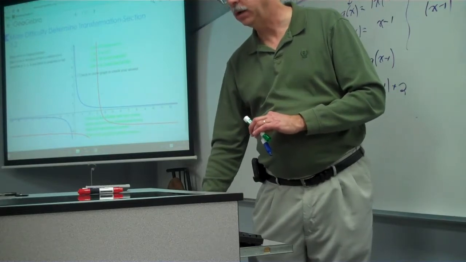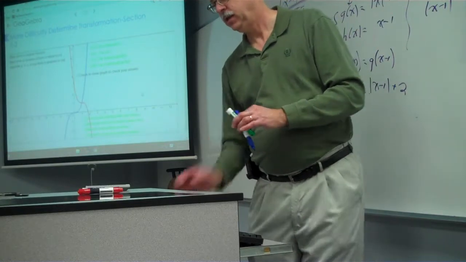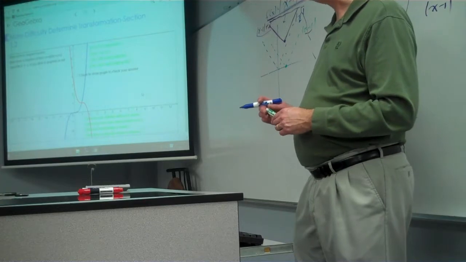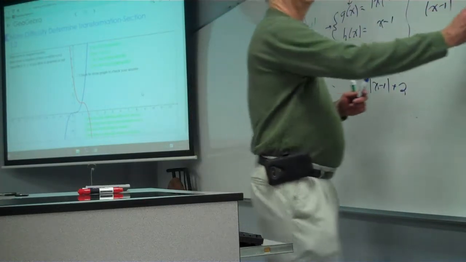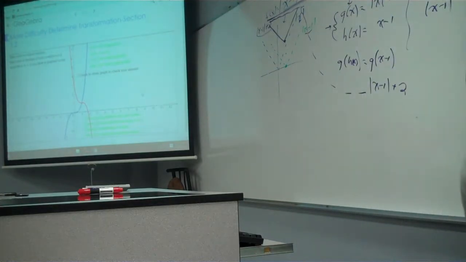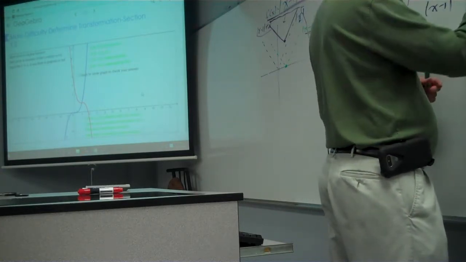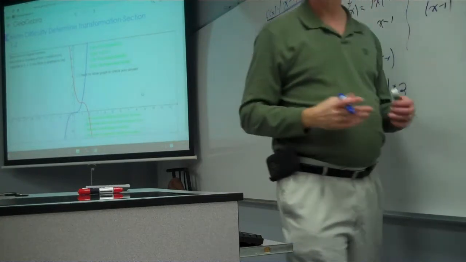Well, here's one a bit more difficult. Let's look at this one, just to do one more. So we've got the two graphs. We've got the original graph. What's our original function here?